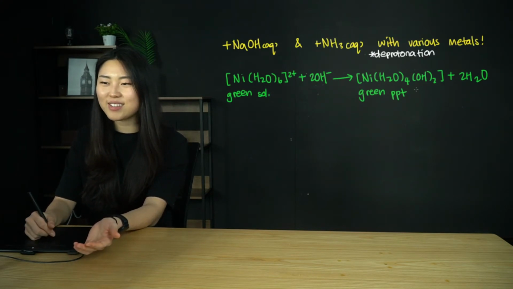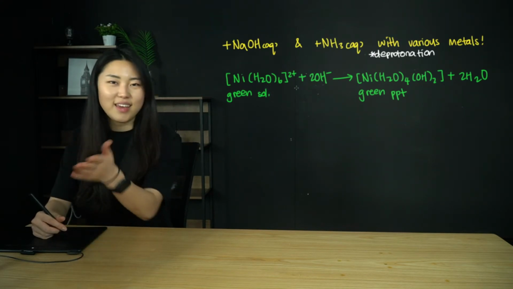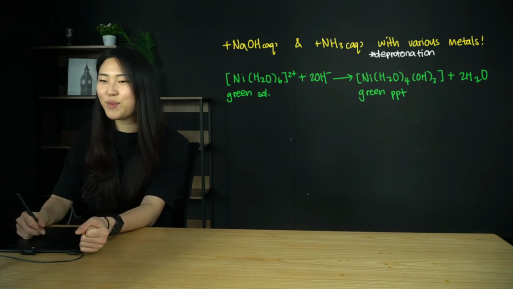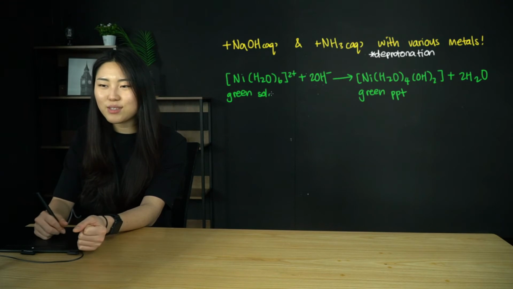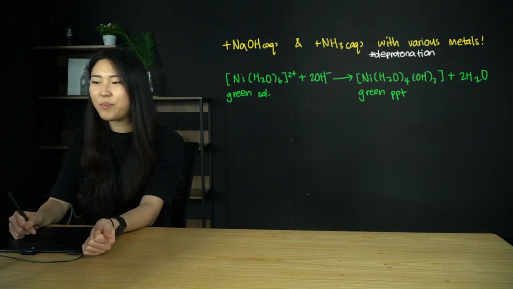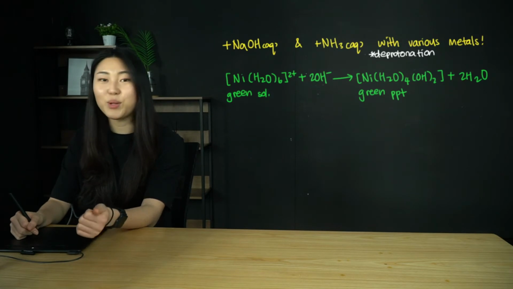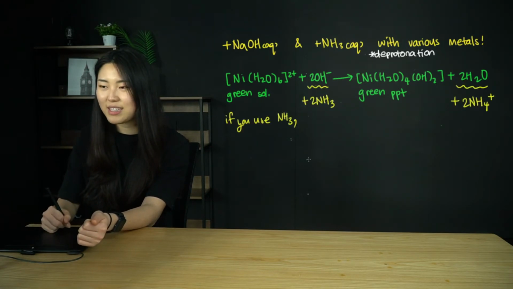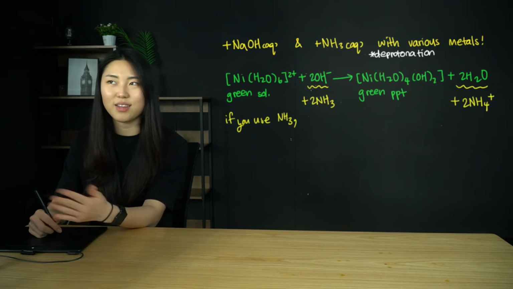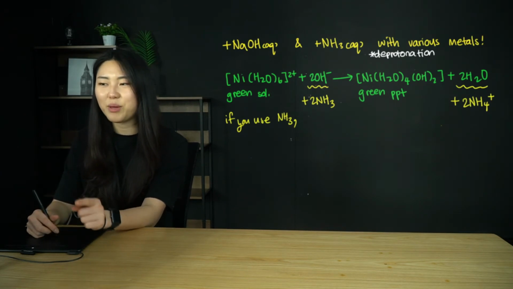The hydroxide ion reacts with the H+ in the water ligands, and this is formed. So this is the green solution. Nickel 2+ aqueous is green, and when the precipitate forms, it's still green. Okay, a green precipitate. Chromium Cr3+ is also a green solution with a green precipitate, so be aware.